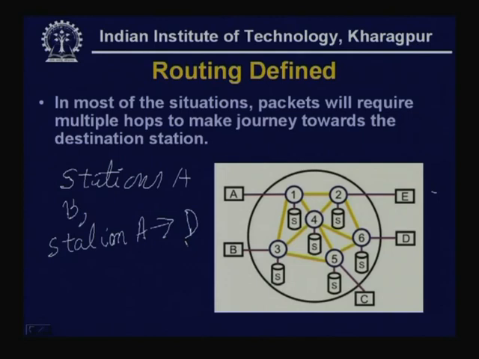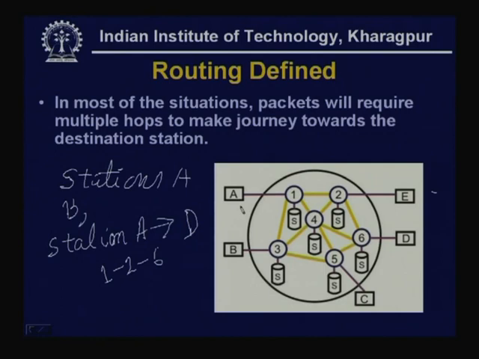In such a case, as you can see from this switched communication network, there is no direct path. In other words, A is not directly connected to station D, or in other words, both of them are not connected to the same node. So, from A, it can go via several nodes, say via node 1, then to node 2, then to node 6.